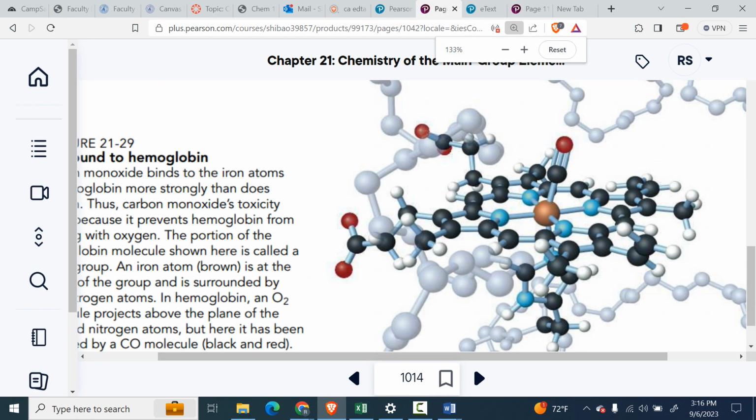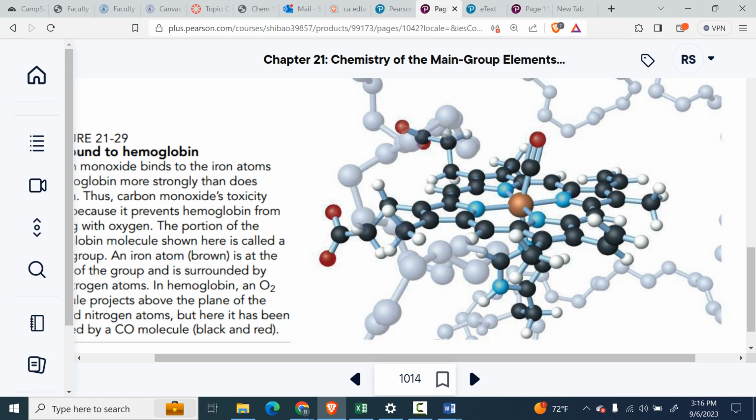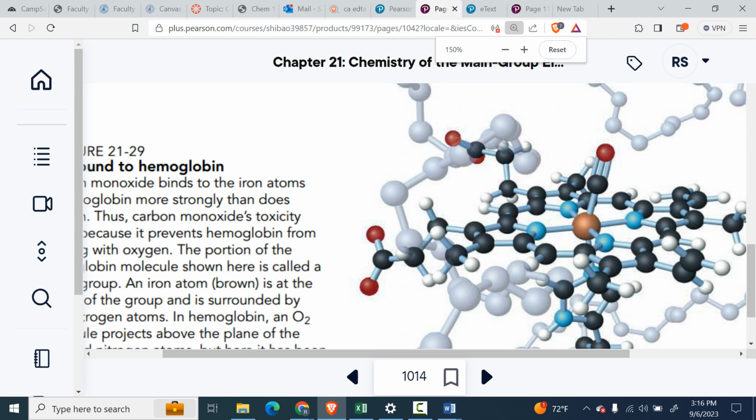This is hemoglobin here. Can you tell what the coordination? This is iron 2, the brown atom in the center. Can you tell what the coordination number of iron 2 and hemoglobin is? 6. 5 of these are from the hemoglobin, and the 6th one is from this ligand here. Can you tell what this ligand is? It's CO. What is CO? CO is carbonyl. So this is a carbonyl bonding to this.